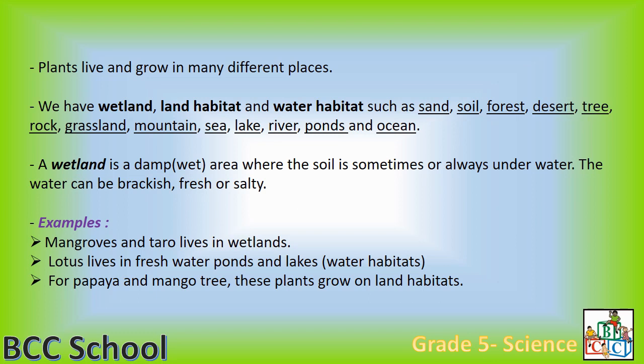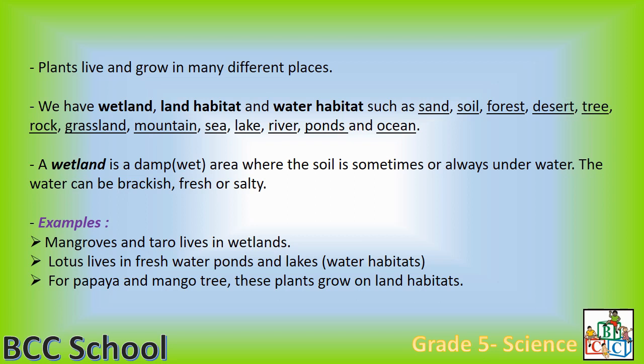Plants live and grow in many different places. We have wetland, land habitat, and water habitat, such as sand, soil, forest, desert, tree, rock, grassland, mountain, sea, lake, river, ponds, and ocean.